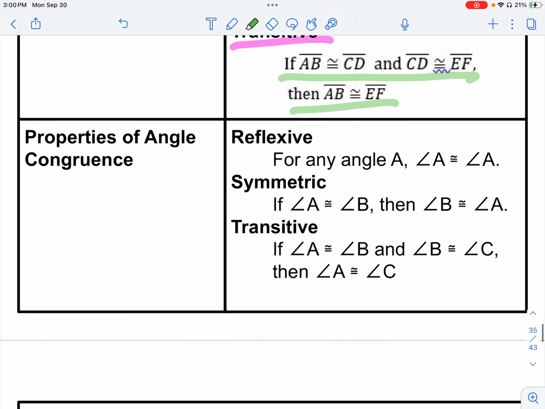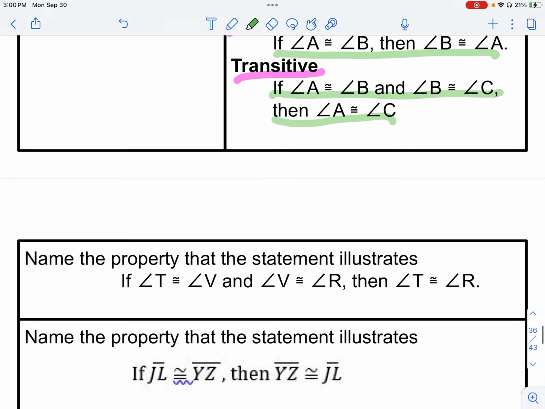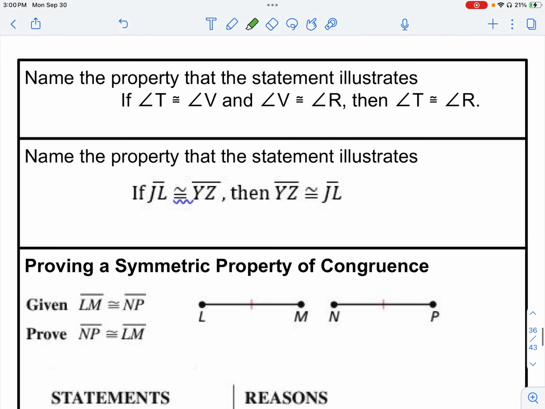And then for angle congruence: reflexive, symmetric, transitive. Same rules apply that we've used in the past without having to convert them. Well, that's going to save us a ton of time.